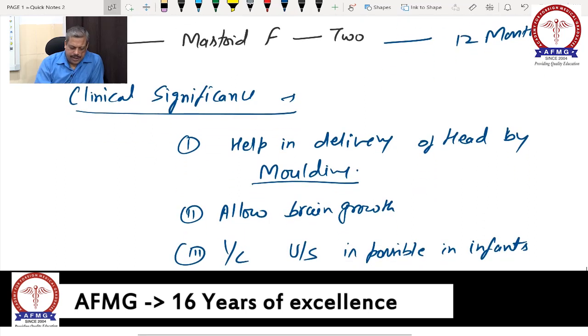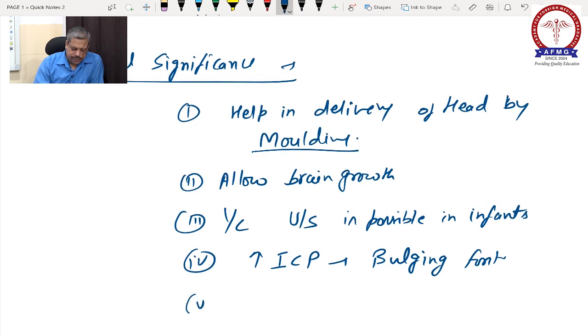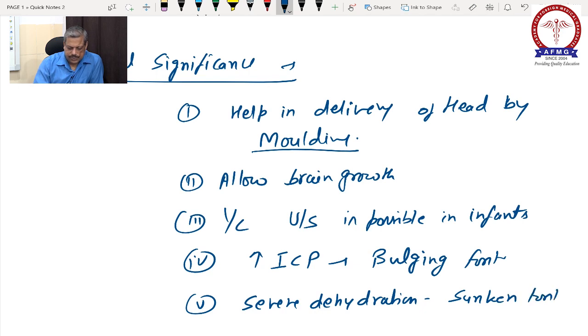And if intracranial pressure has increased, there will be a bulging fontanelle. Clear? So that is the significance of these fontanelles.